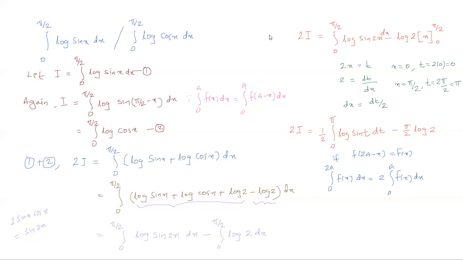So here, in place of 2a we have pi, so f of pi minus x.